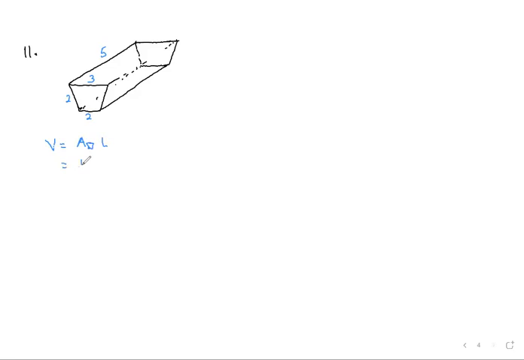The area of a trapezoid base is half h times base 1 plus base 2, multiplied by L. But in this case, water has risen to some level. How fast is the water level rising when the water level is 1 meter deep?